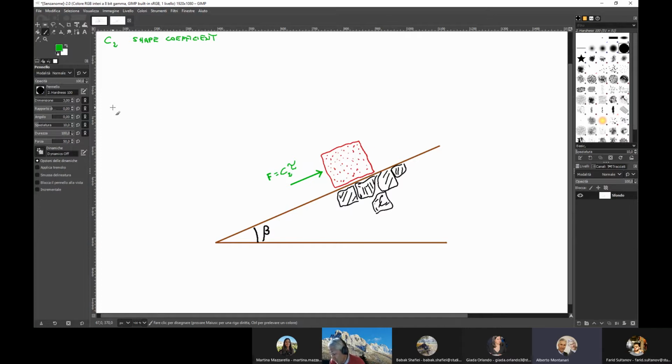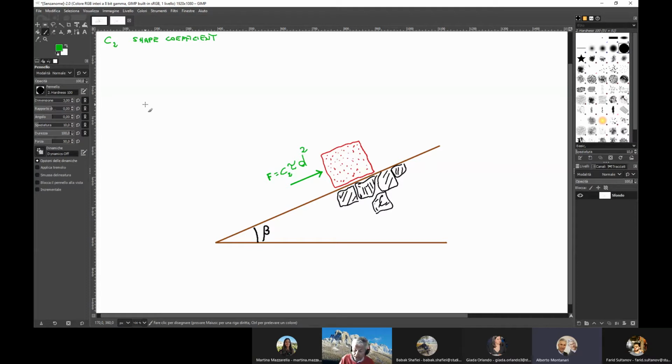And then, of course, the force depends on what? On the size of the unit, precisely the square of the size, because the forcing depends on the exposed area of the unit.